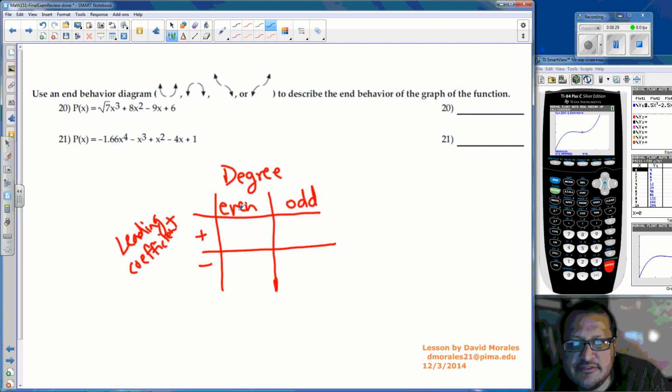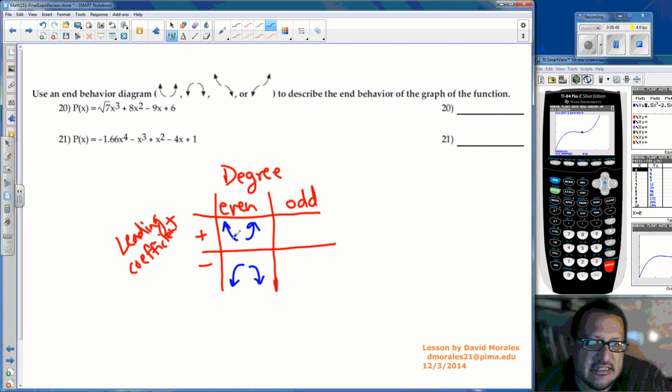For degree, if it's even and positive, it's going to be this one right here. If it's even and negative, it opens downwards. What this means is as x goes to negative infinity, y goes to positive infinity.